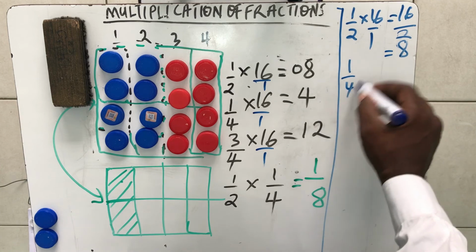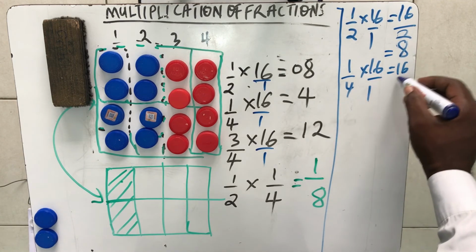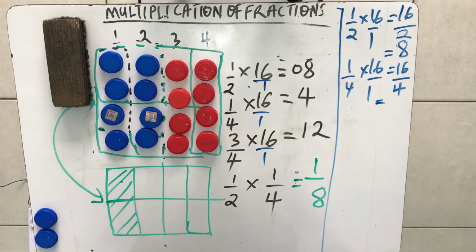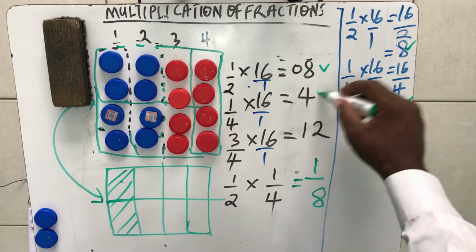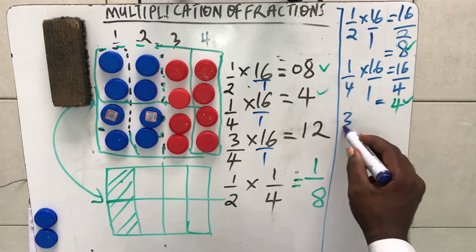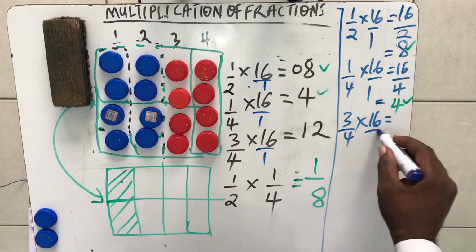Then 1 out of 4 times 16 over 1 is equal to 16 out of 4, which is also equal to 4. So check. And we have 3 over 4 times 16.